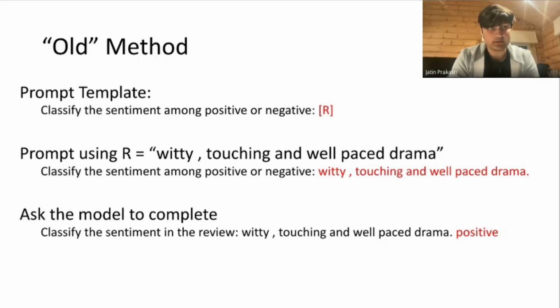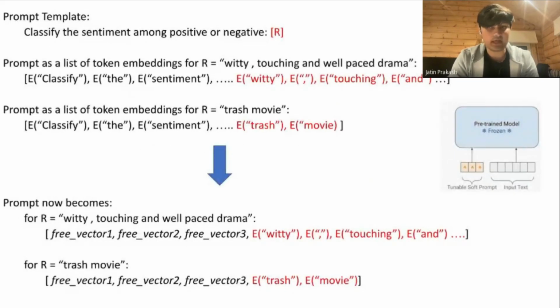Now we get to the important thing, and if there's any question, please ask. A prompt is basically a list of token embeddings that we pass into the language model. You have a text, you first tokenize it, then you map each token to an embedding, and this embedding is what you actually pass into the large language model.